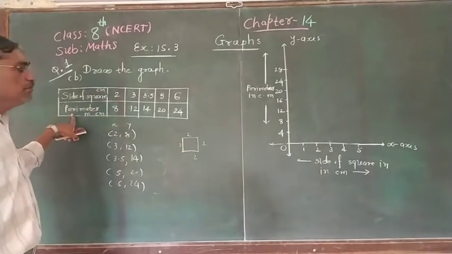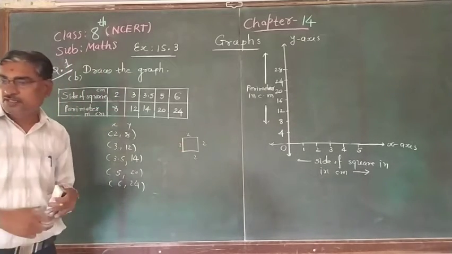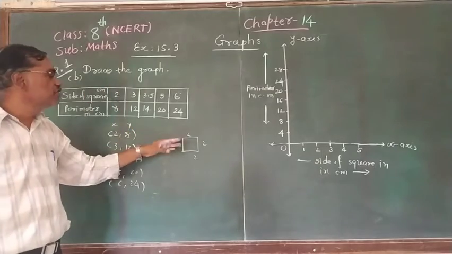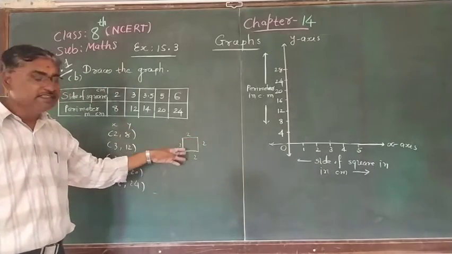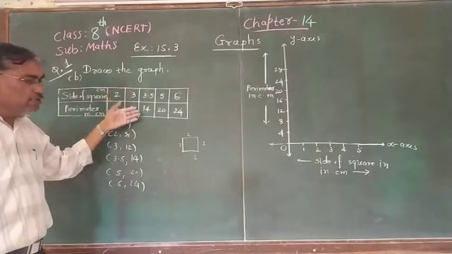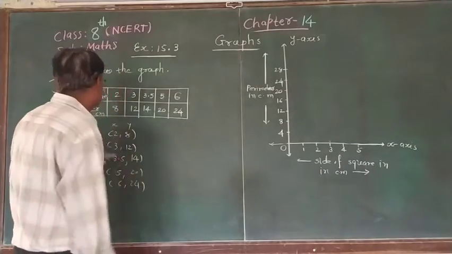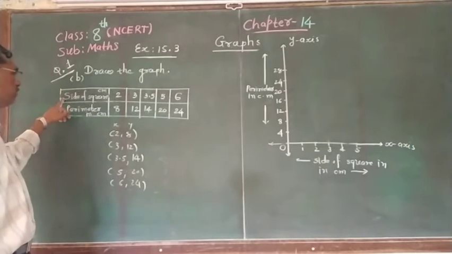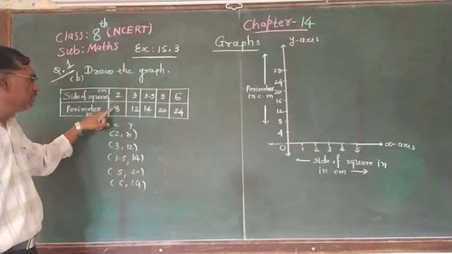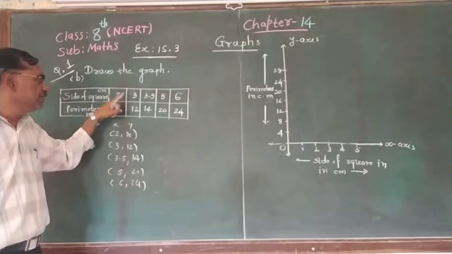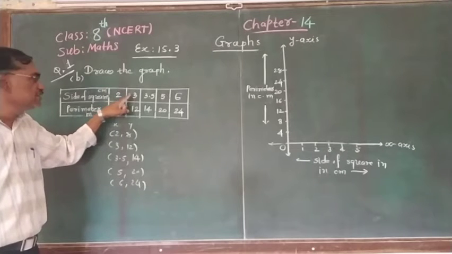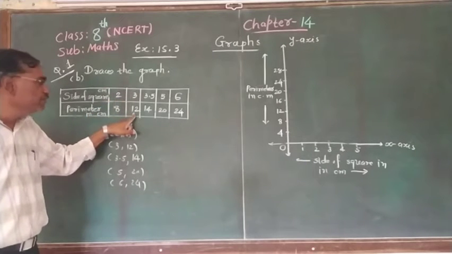Okay. What is the meaning of perimeter? Sum of all sides. 2 plus 2 plus 2 plus 2, that is 8. You can confirm all this in this way. So if the side of the square is 2 cm, then the perimeter is 8 cm. If the side of the square is 3 cm, then the perimeter will be 12.